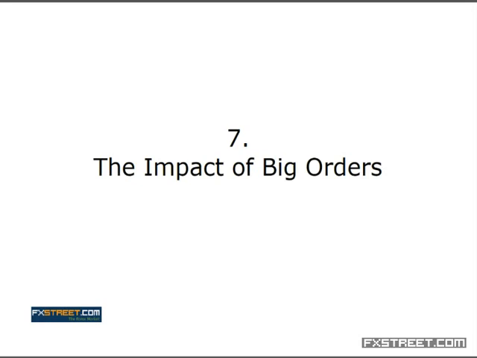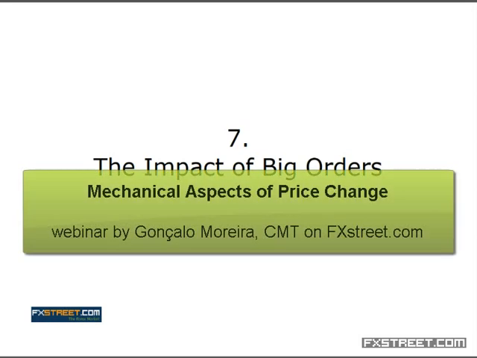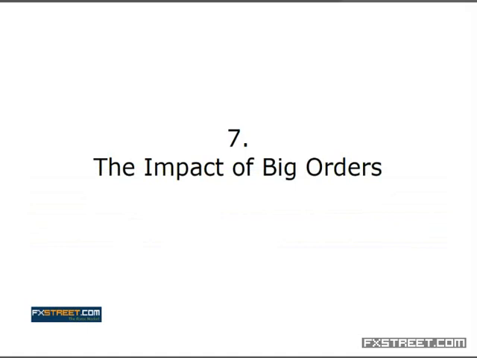The impact of big orders. We have this order from Frank, which caused this gap in between the bid and ask, and the impact of big orders is of interest for us because liquidity is not always the same in the market.